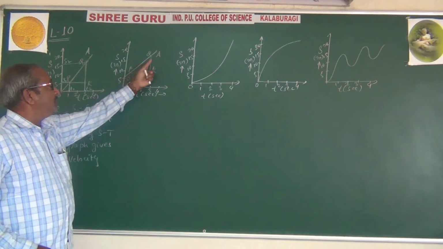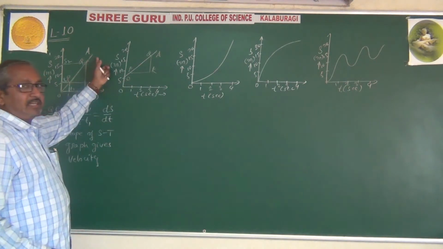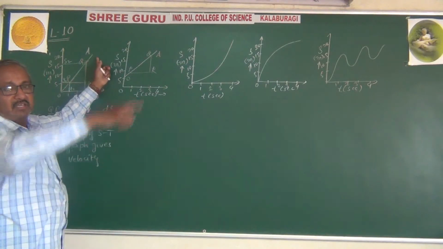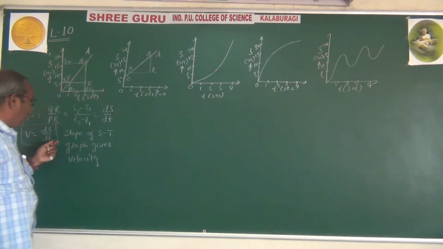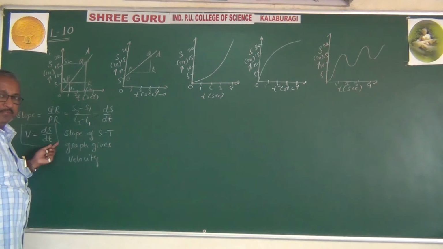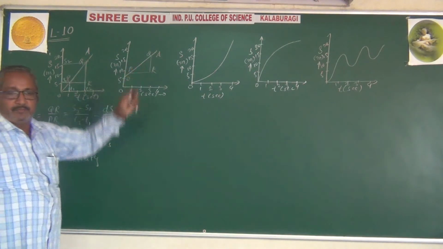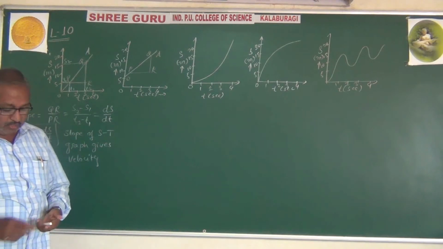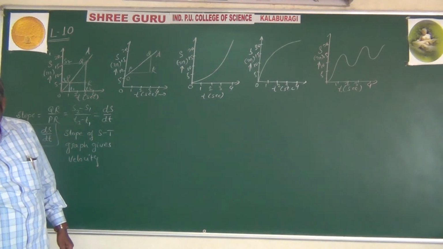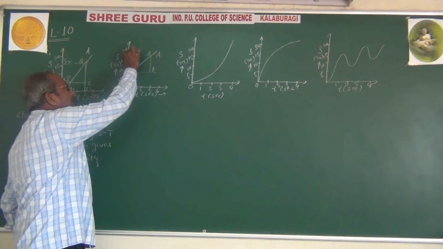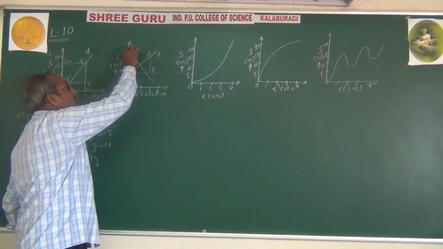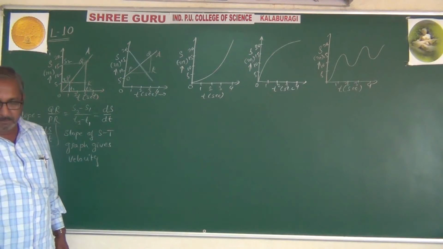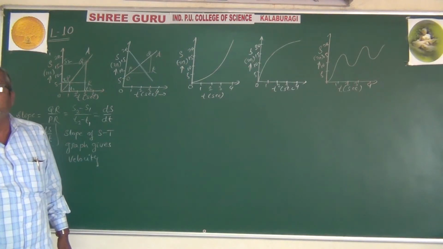If this curve is linearly ascending, then we get uniform velocity, and it is positive. If the curve goes like this, the speed is uniform but the velocity gets a negative value.